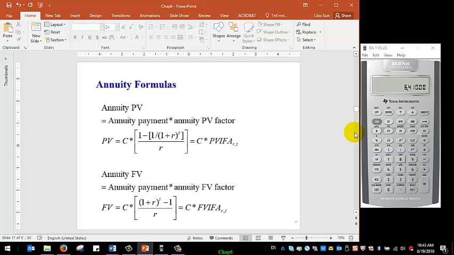The formula for annuities, for PV, is the same amount, the annuity payment, times the PVIFA, the annuity present value interest factor. And for the future value, you can also use a factor, the annuity future value interest factor, or you can use the original formula.